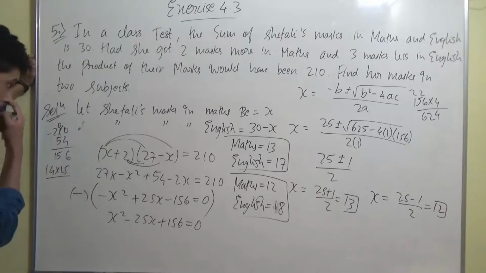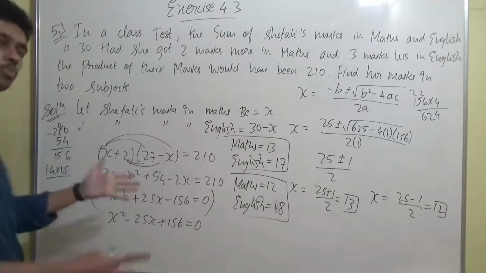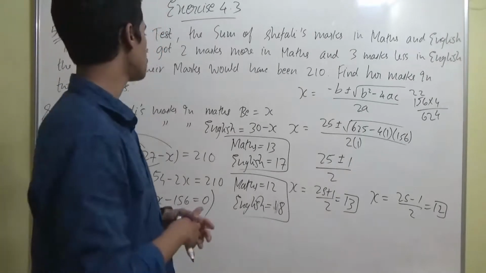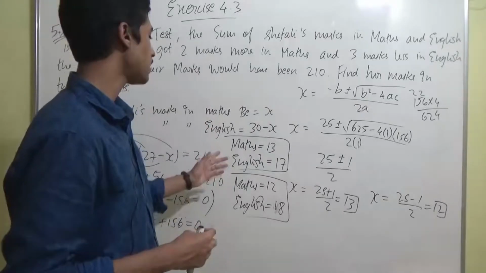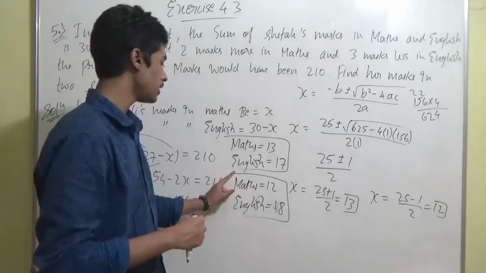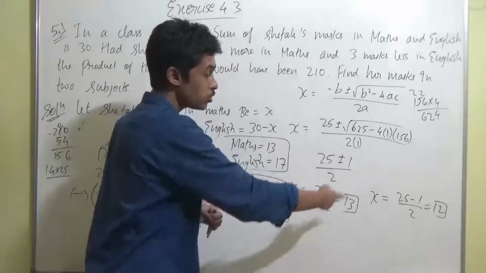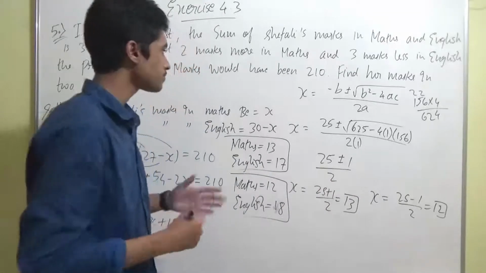If you put 13, it will become 15 and 14. So there are two possibilities. Either Shefali's marks is 13 in maths and 17 in English, or 12 in maths and 18 in English. That's it guys, because we are getting two values of x.